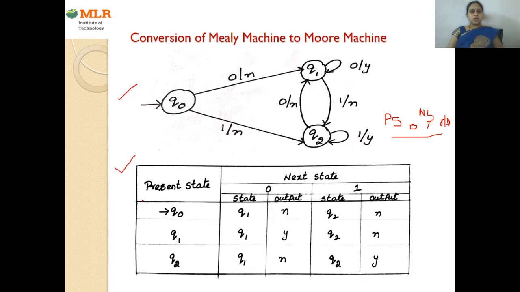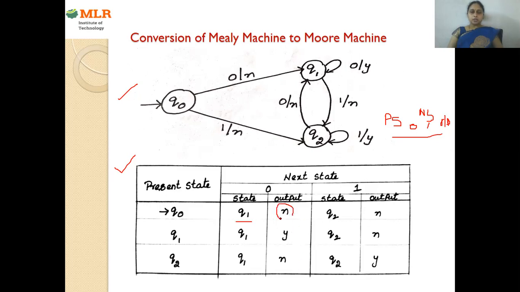First we are going to see the present state and next state. In this next state, we are going to observe on Q1 what outputs we have and on Q2 what outputs we have. Just observe on Q1 what output you are finding.